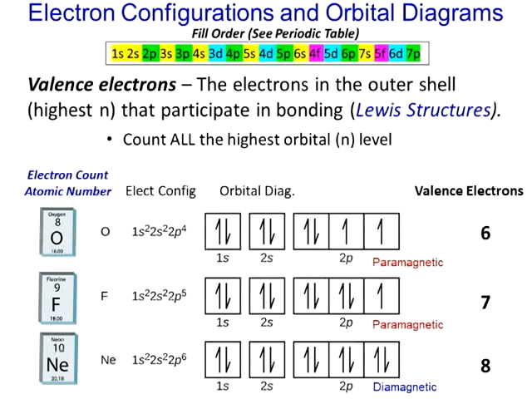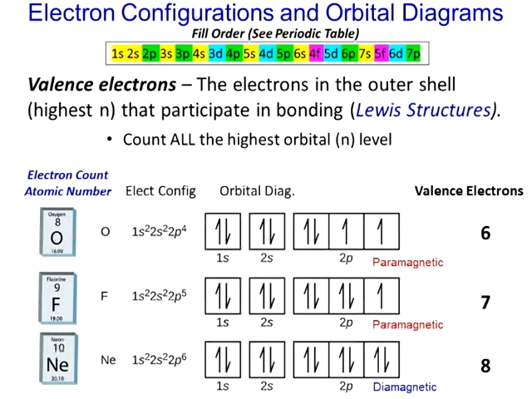Let's show some other examples and introduce the concept of valence electrons. Valence electrons are the electrons in the outer shell, the highest energy level, that participate in bonding in what you will learn later to be known as Lewis structures.